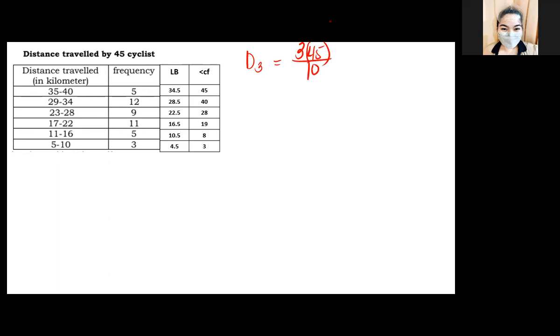Ano magiging sagot? 13.5. 13.5. So saan siya included?